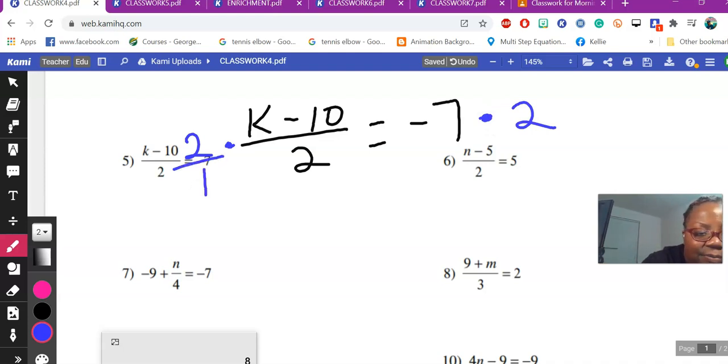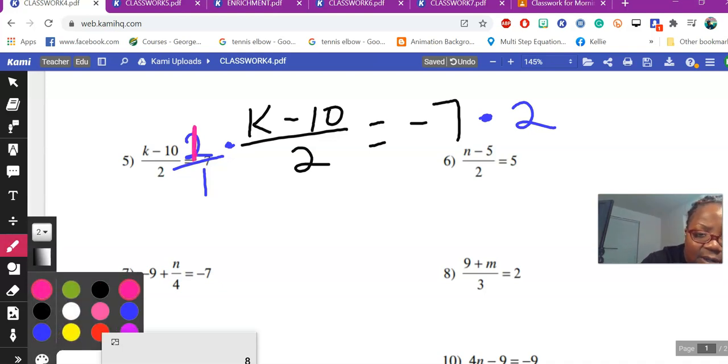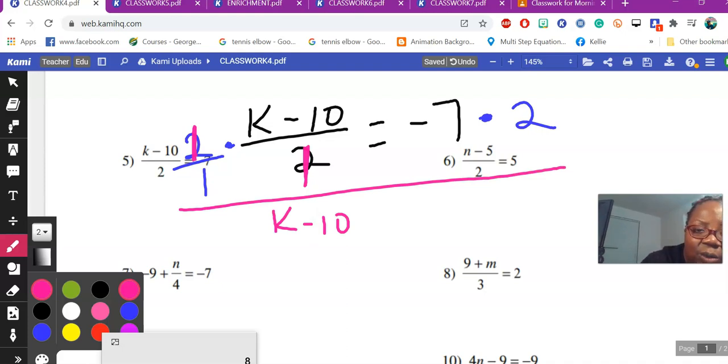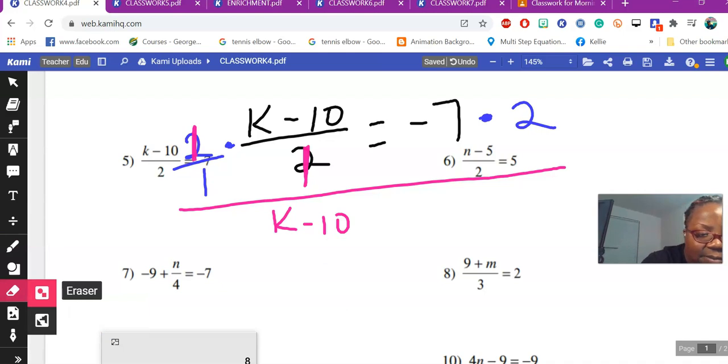Doing this, I have 2 over 1 times k minus 10 over 2. You can see the pattern. There we go. 1 times k minus 10 is k minus 10. 1 times 1 is 1. But you know we don't need that 1 at the bottom.